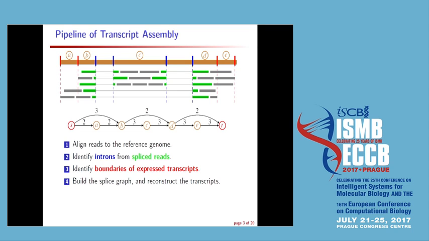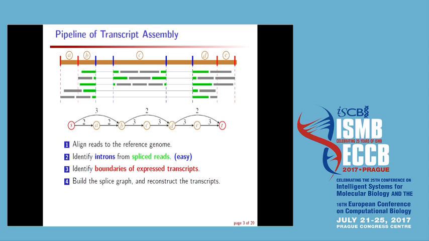From this pipeline, you can see it's very important to correctly identify coordinates of introns and the boundaries of the expressed transcripts. Among those two things, it's very easy to identify the coordinates of introns because the signal is very strong. Like here, for each coordinate of an intron, there is a group of reads that align to the same position.